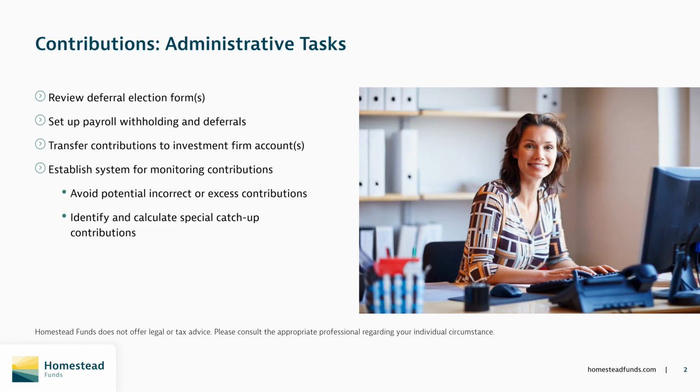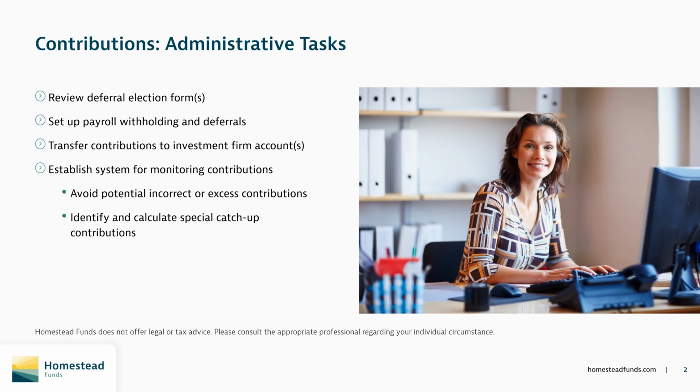Finally, it's very important to have a system, typically with payroll coordinating with human resources, to monitor and track contributions. This helps ensure that actual deferrals match the participants' deferral election, and it also helps track annual contributions from the employee plus those from the co-op, so total contributions do not exceed the annual maximums.